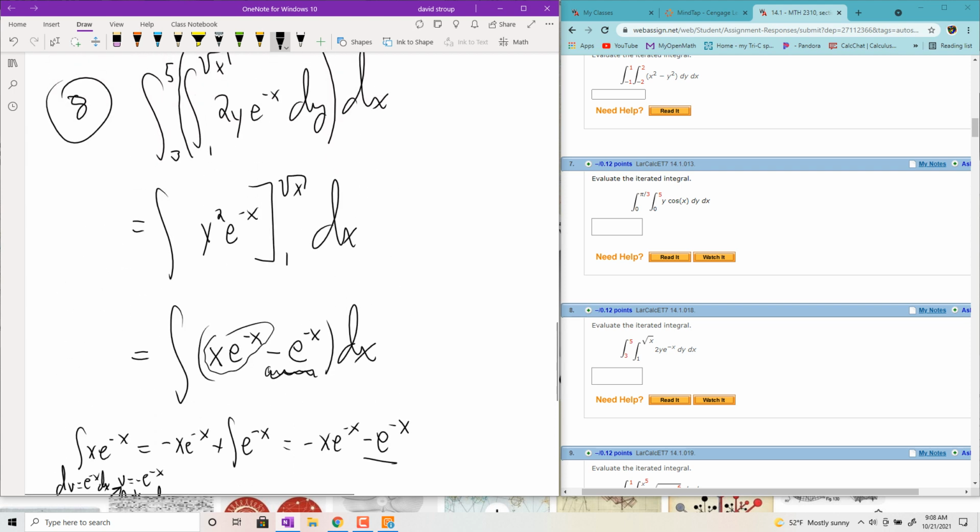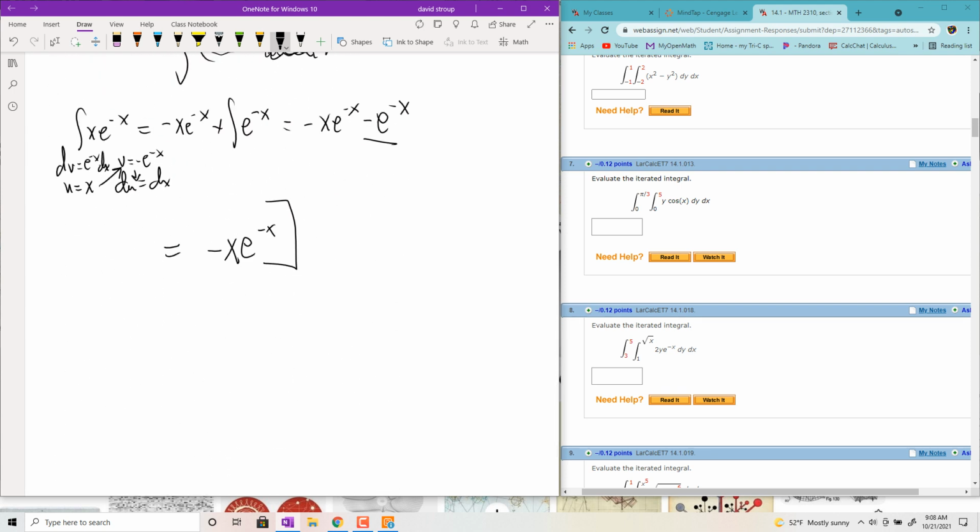And then we evaluate on the outside limits, so 3 to 5. And so you get negative 5 e to the negative 5. Jeez, I need to put the x in for some reason. And then minus will become plus 3e to the negative 3.